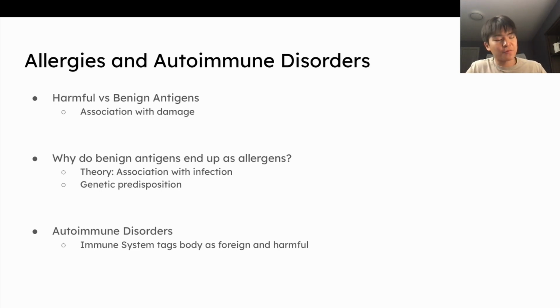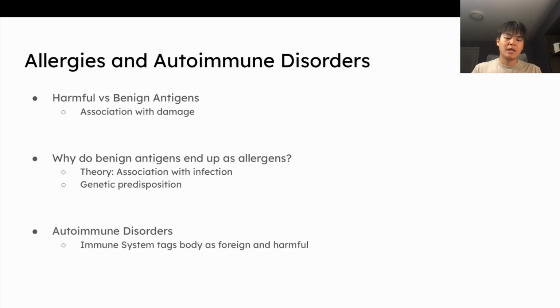And over time, your body associates: well, I got sick during pollen season. There's a lot of pollen in the nasal area, and I'm sick from a virus that is mostly respiratory. Therefore, the pollen must have caused it too, right? Obviously, it knows the virus caused it as well, but if the pollen was there, why take any chances? So that's the theory: you would develop an allergy to that pollen by association with the virus.